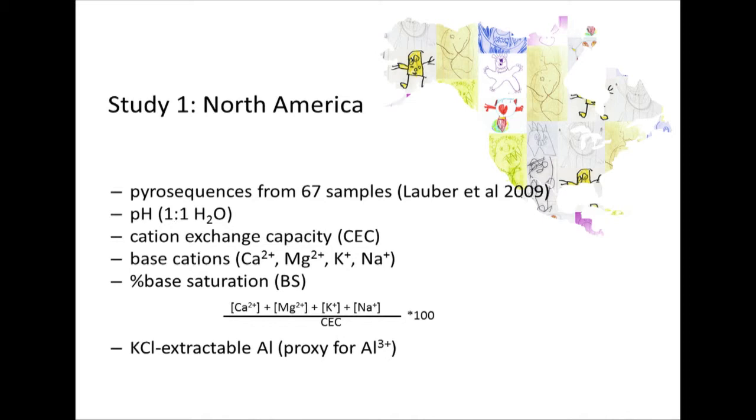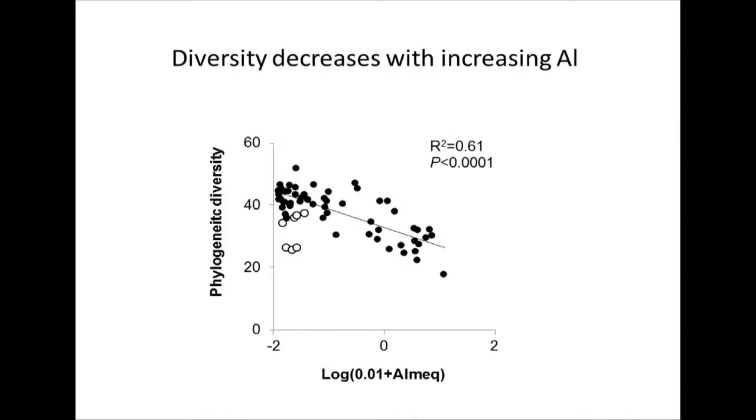So here's what we found. We found that diversity decreases with increasing aluminum, which is what we anticipated. We found a significant linear relationship over this pH range, and this is a linear regression through the filled-in circles. You'll notice that there are empty circles here, and we determined through successive analyses that these are actually outliers, at least for the sake of this hypothesis.